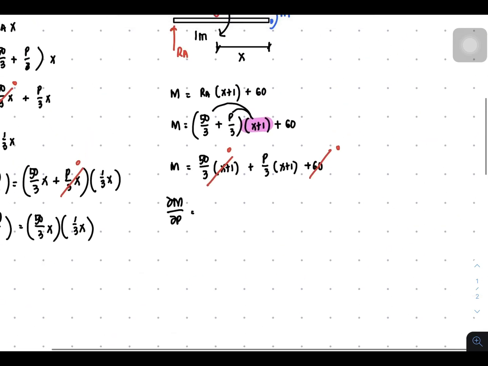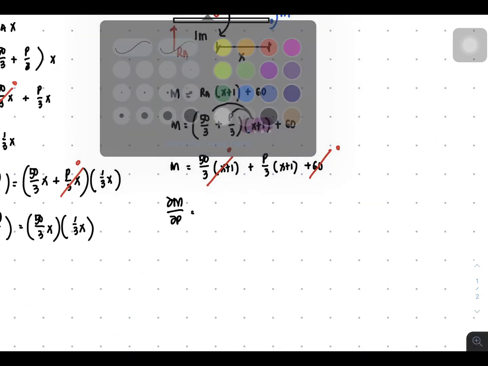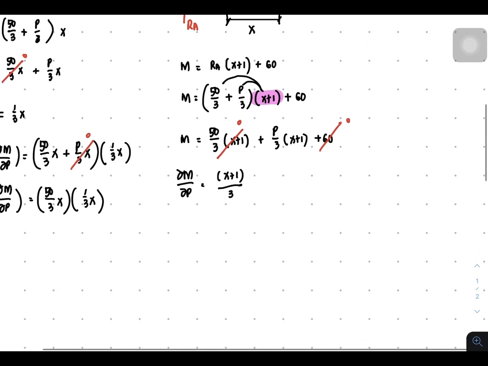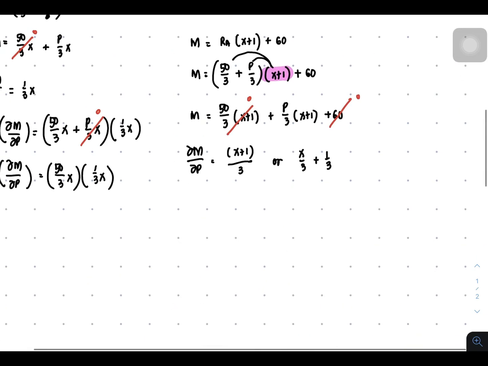And for those with P, we take the derivative. So it's going to be x plus 1 over 3, or the partial derivative is x over 3 plus 1 over 3.